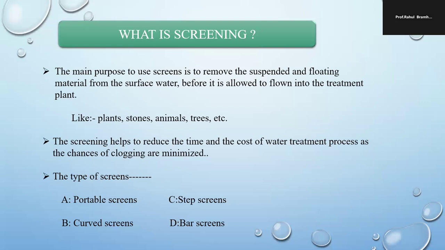When we collect water from the river by use of an intake structure, that water has some floating and suspended material like plants, trees, some stones, animals, leaves. These are removed with the help of screens. This process is called screening.